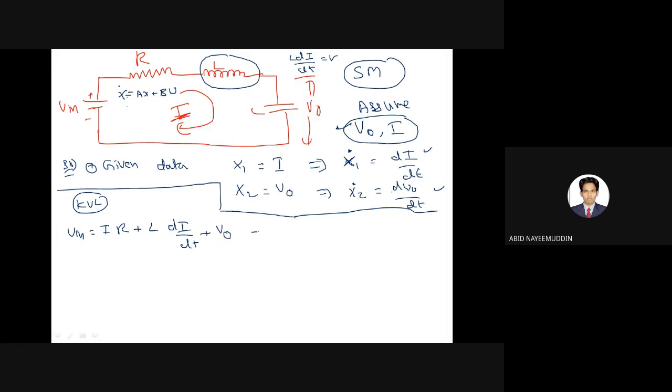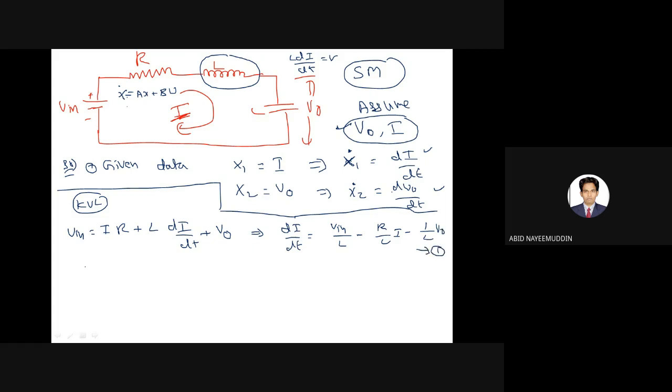From this, di by dt is equal to V in by L minus R by L into I minus 1 by L into V naught. We will present this as equation 1.